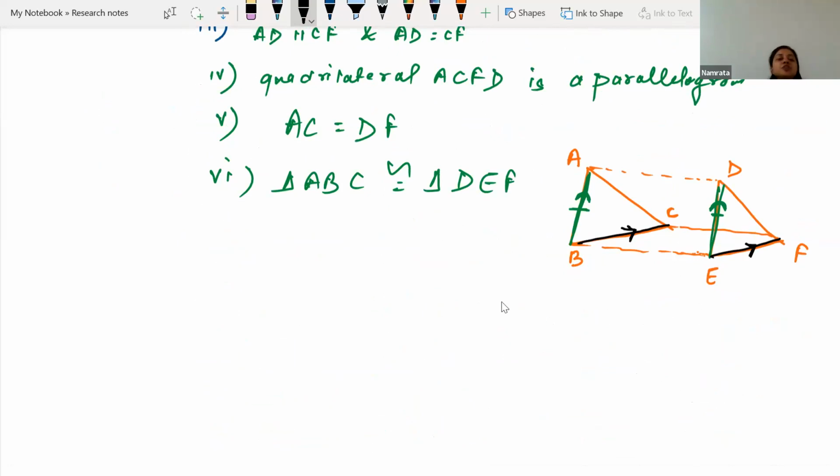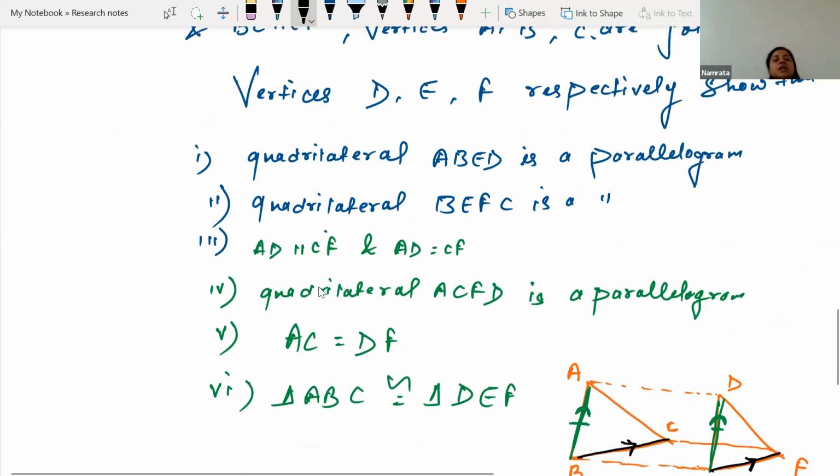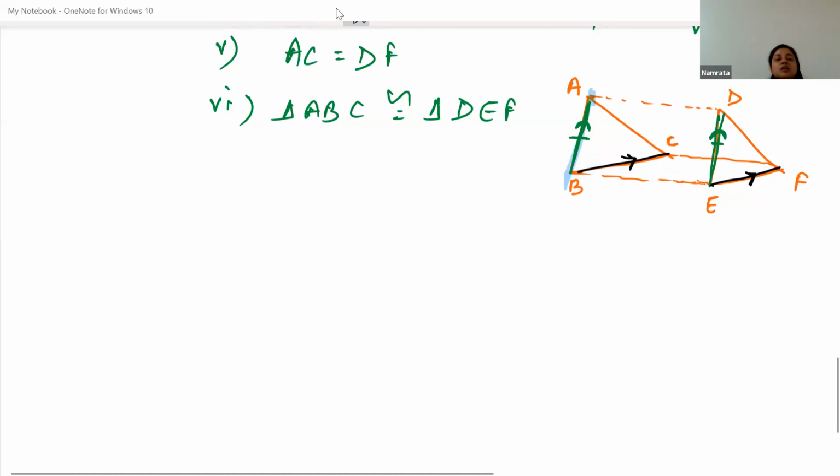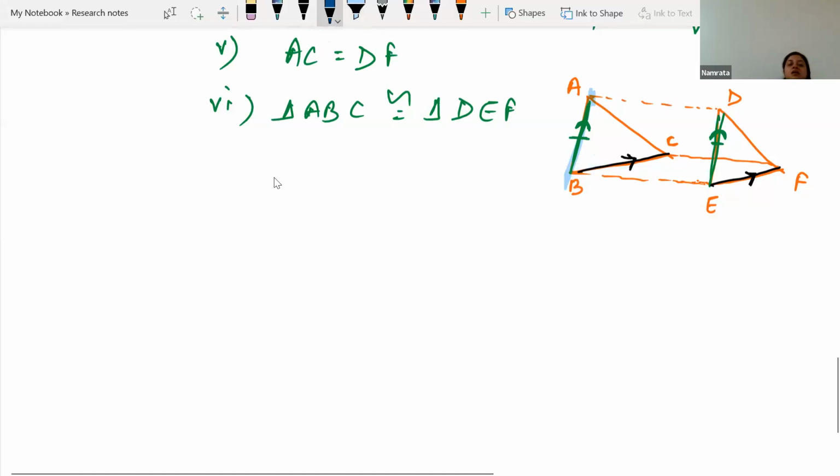What we have to prove for the first part? Quadrilateral ABED is a parallelogram. We don't have to do anything over here. It's clearly given that opposite sides are parallel and equal. On the basis of that only we can say it's a parallelogram. No other data is required.